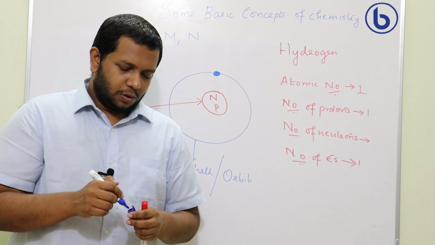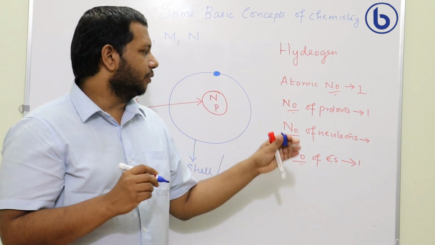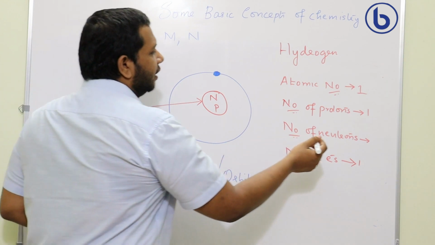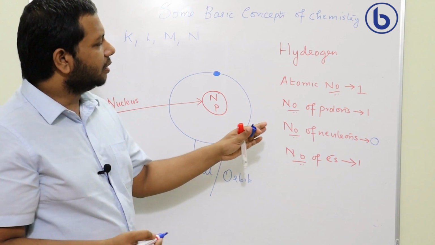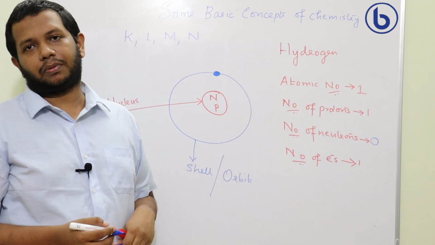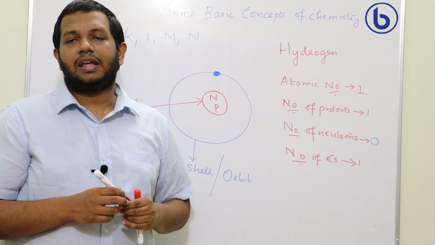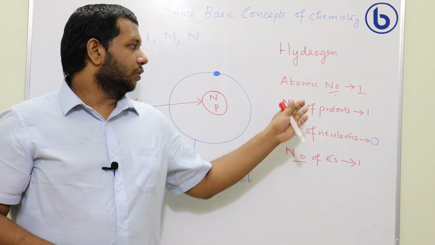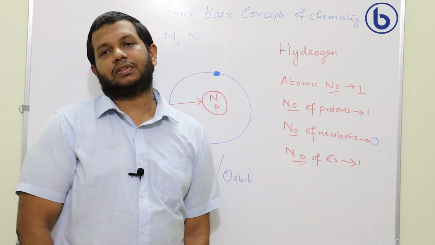I didn't answer your question on the number of neutrons. The number of neutrons here is 0. Mass number minus the number of protons gives the number of neutrons. For hydrogen the mass is 1 and the number of protons is 1, so 1 minus 1 gives 0.